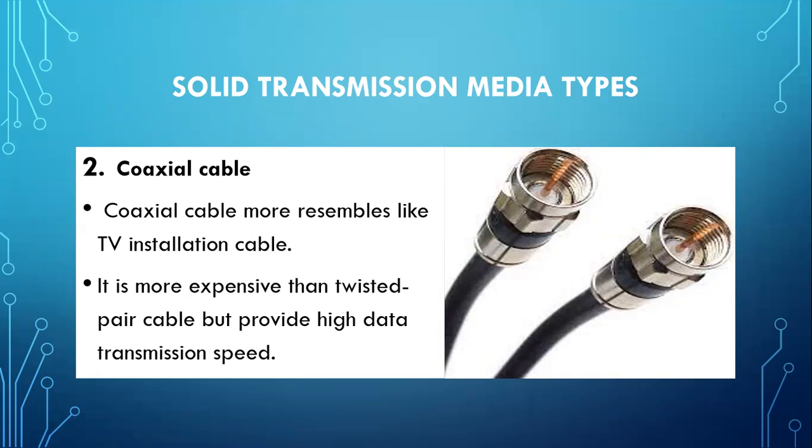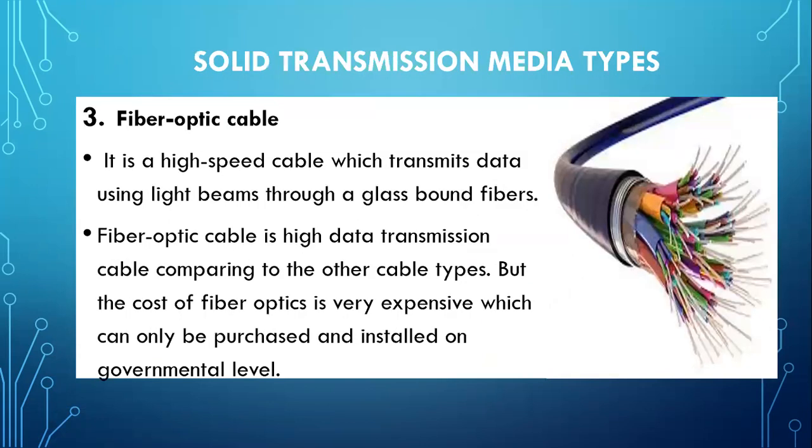They are more expensive than the twisted pair cable we've discussed before, but they provide a high data transmission speed. So the speed of transmitting the data is very high compared to the first, that is the twisted pair cable.